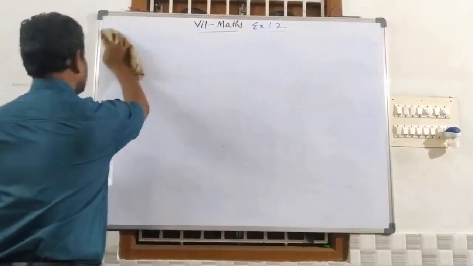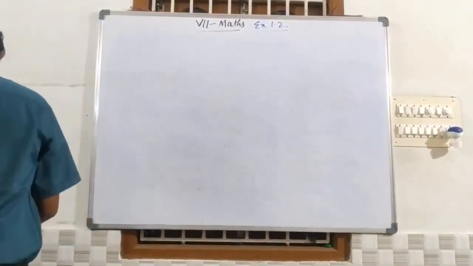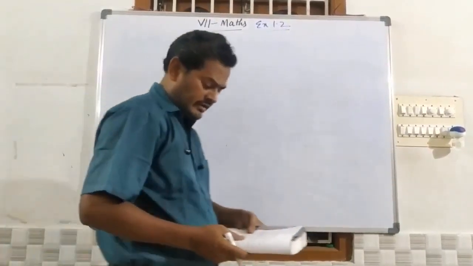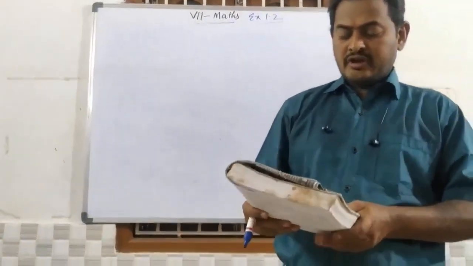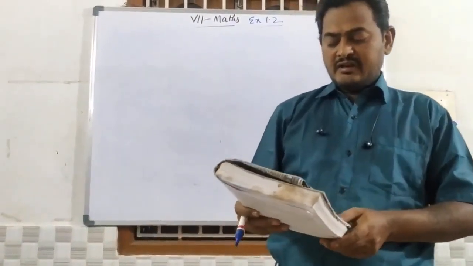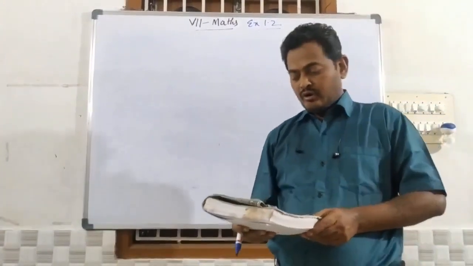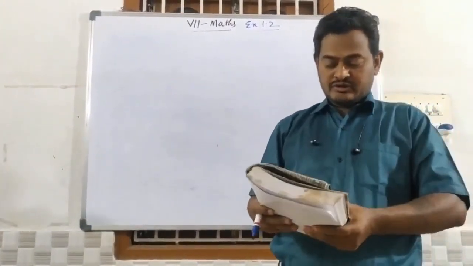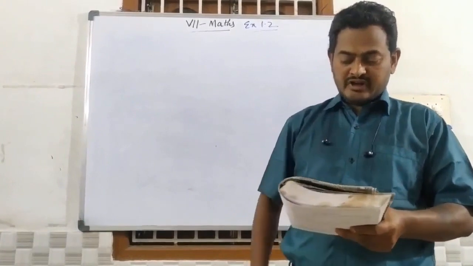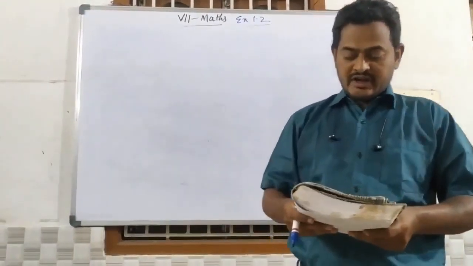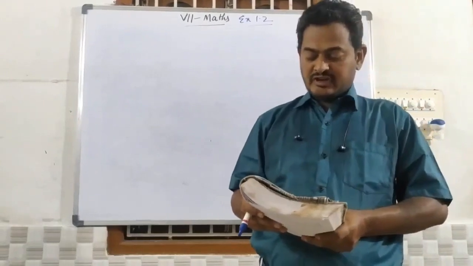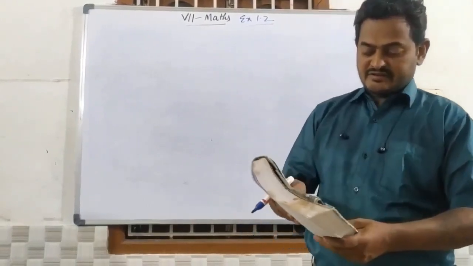What is the third question? In a quiz, team A scored minus 40, 10, 0, and team B scores 10, 0, minus 40 in the three successive rounds.